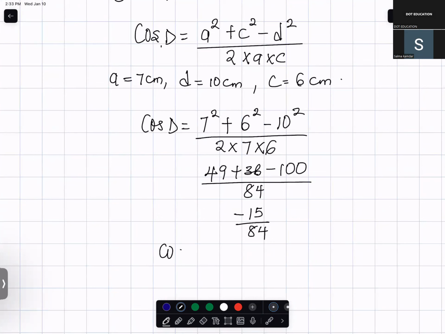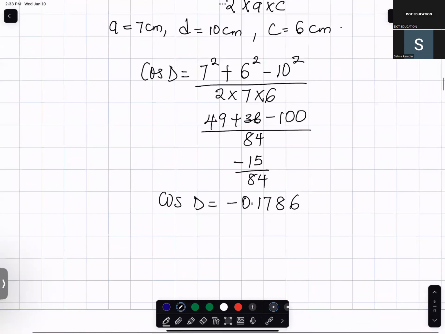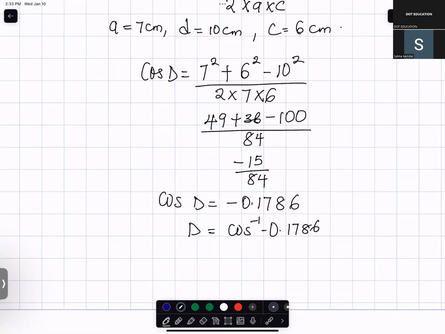So I have cos D as minus 0.1786. So we were looking for D. So how do we get our D? So D becomes cos inverse of minus 0.1786.